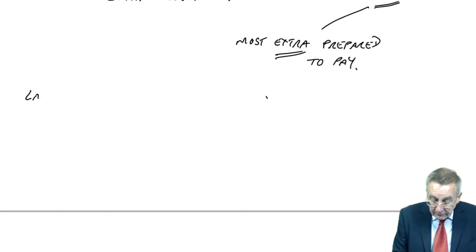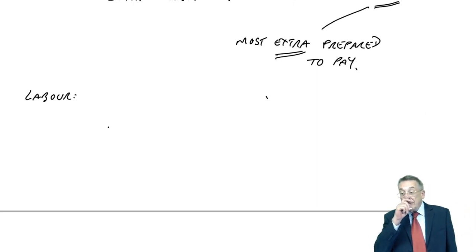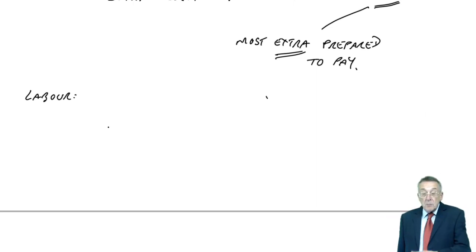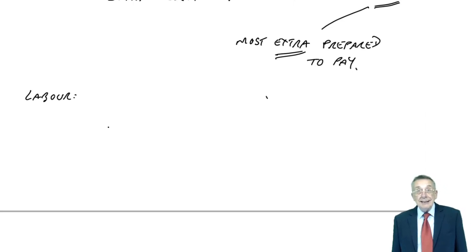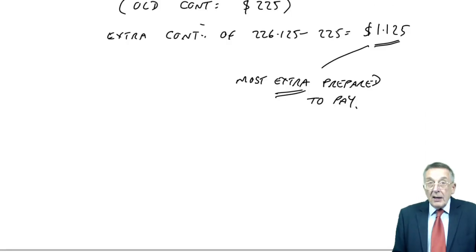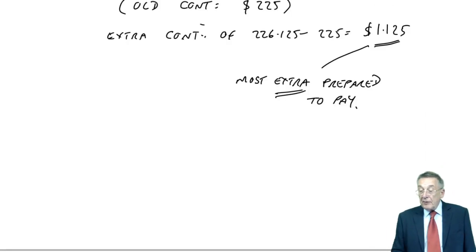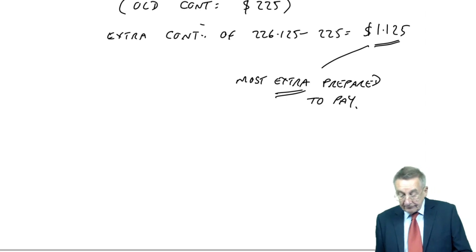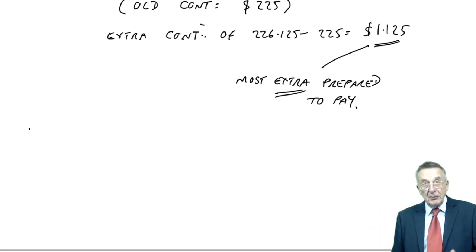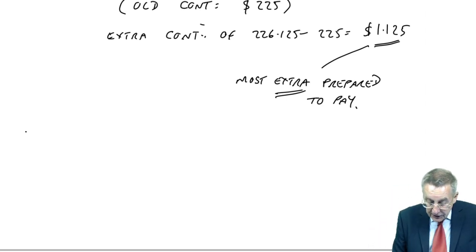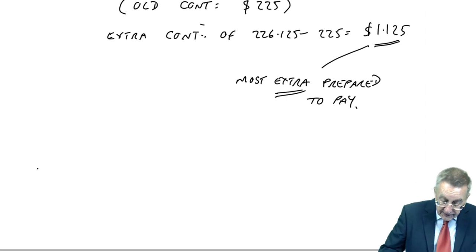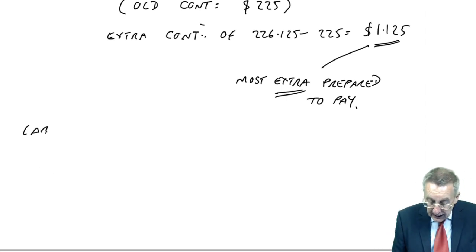For labour, what I really do suggest, if you've understood me, is that you pause the lecture and have a go yourself and then start the lecture going again and check you got it right. Okay, well, I'll assume that you've had a go at labour on your own and that you've now restarted the lecture. And so, check with me, labour.